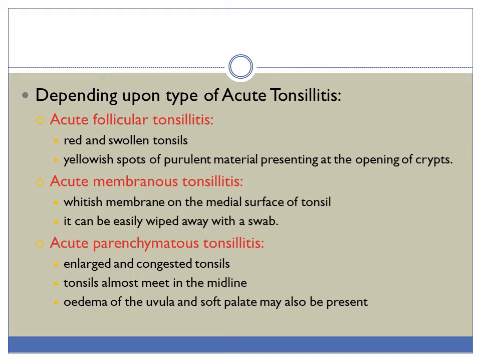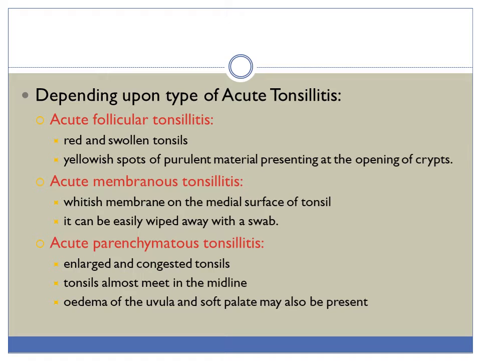Depending upon the type of acute tonsillitis, as we had seen earlier in the pictures, acute follicular tonsillitis will show red swollen tonsils with yellowish spots present over the crypt openings. Acute membranous tonsillitis will show a whitish membrane over the medial surface of the tonsil, which can be easily wiped off.